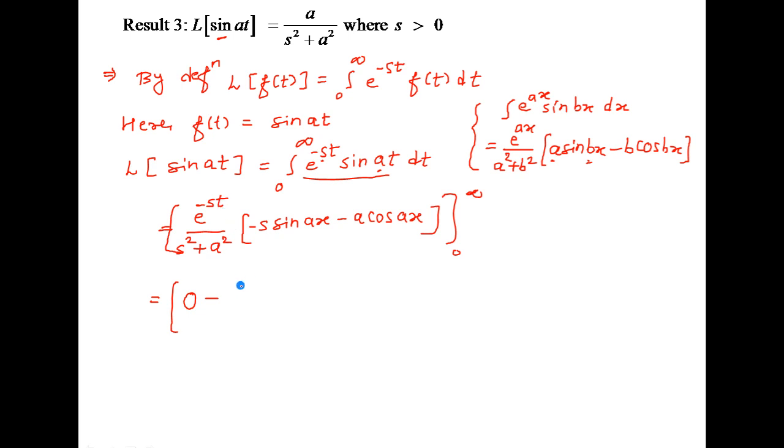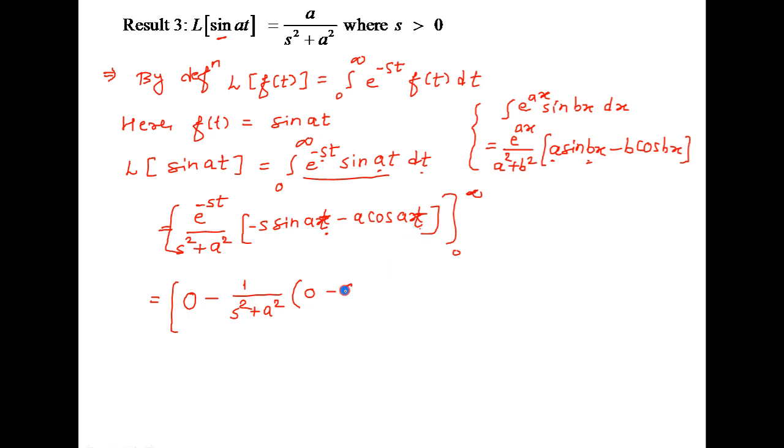so it is e to the power 0, and what is e to the power 0? 1 upon s square plus a square. Now you have to put also values in the bracket. Sorry, this should be t, as our variable for integration is t, and if I put here t equal to 0, then sin 0 is what? 0, minus what is cos 0?